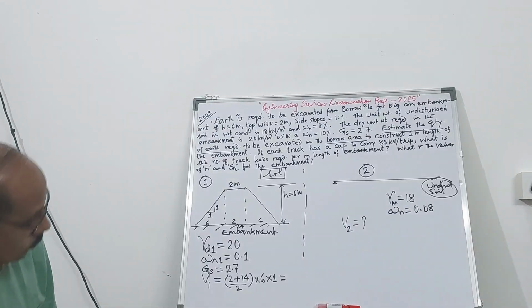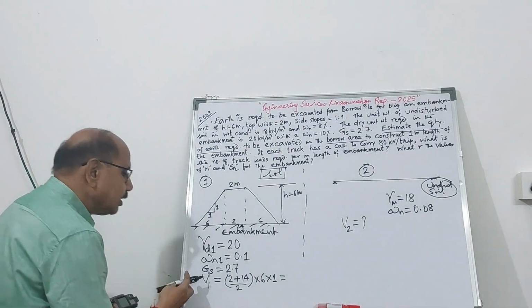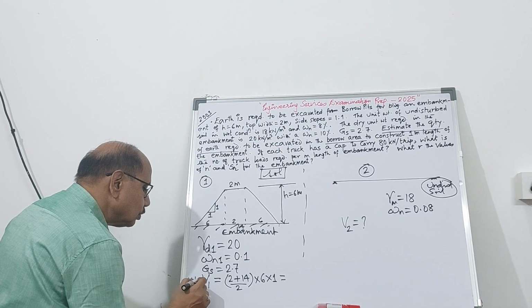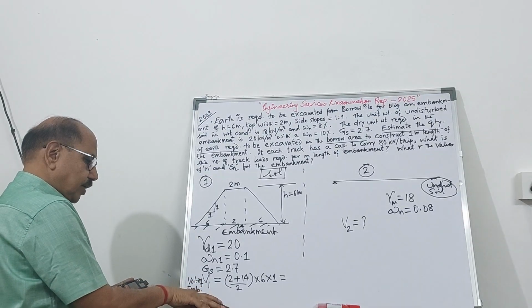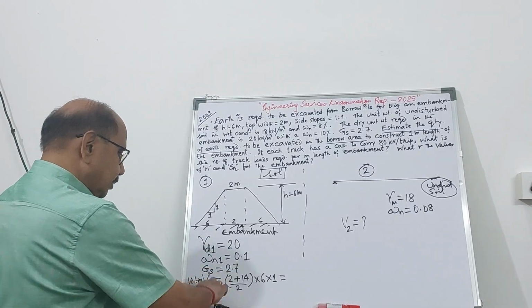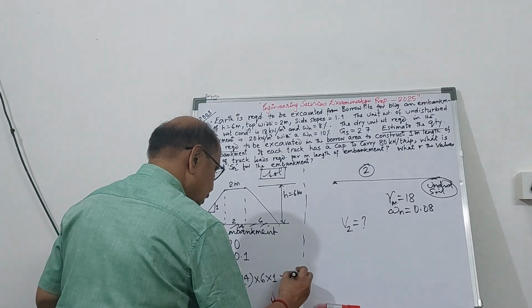So volume of the embankment V1 is 8 multiplied by 6. This becomes 48 meter cube.